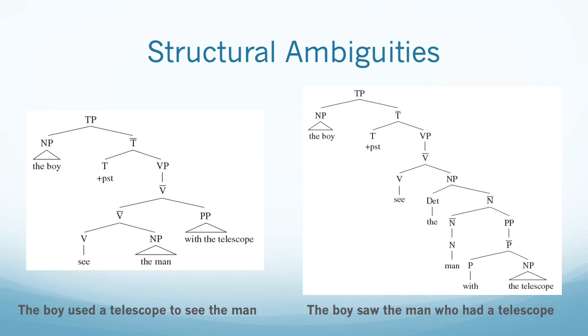So here we have diagrams of these two possible interpretations. On the left, this is the one where the boy is the one who used the telescope to look at the man. And on the right is the drawing corresponding to the meaning where the man had the telescope.